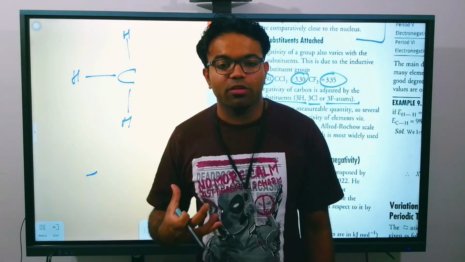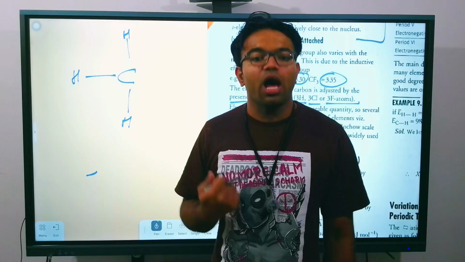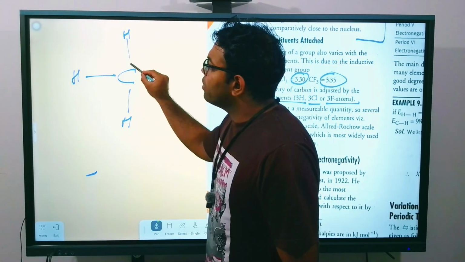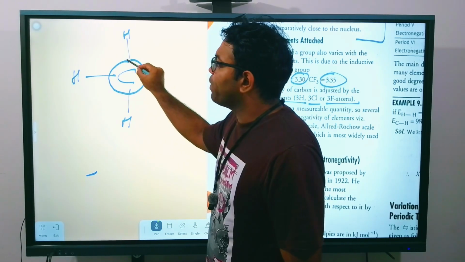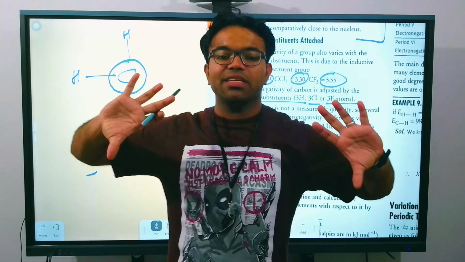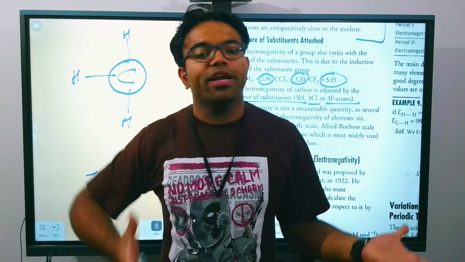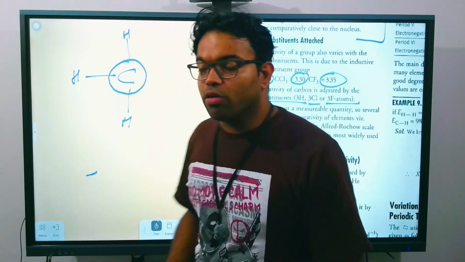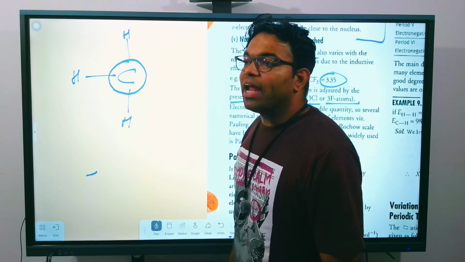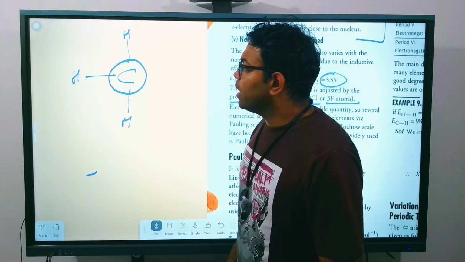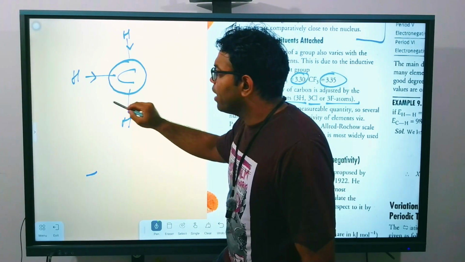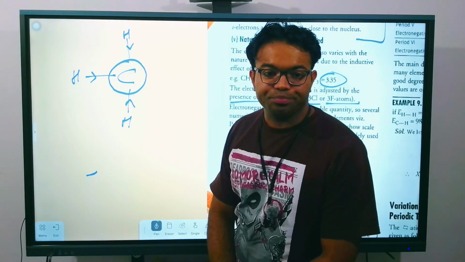We are going to learn something known as the inductive effect. What is an inductive effect? Now, basically, there is an electron cloud present around this carbon atom. We call it the electron cloud. Hydrogen has an inductive effect where it basically gives its electrons to the carbon atom.